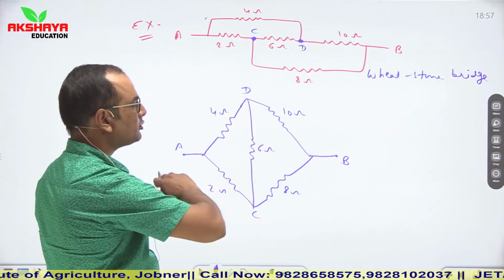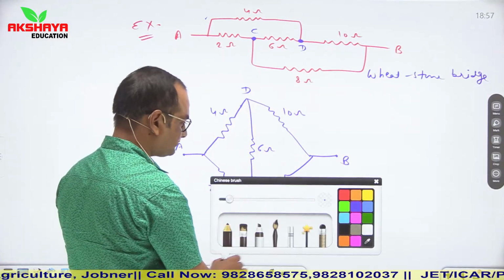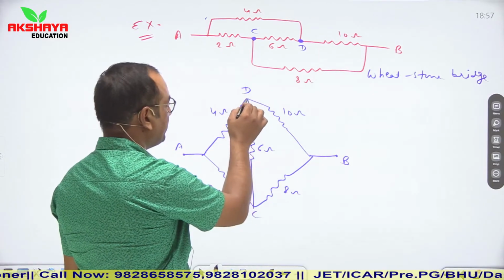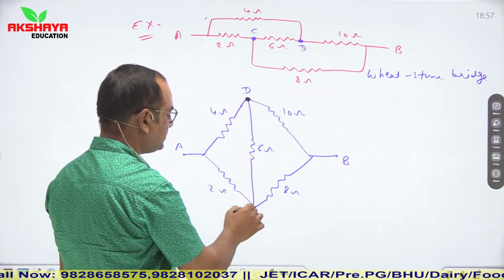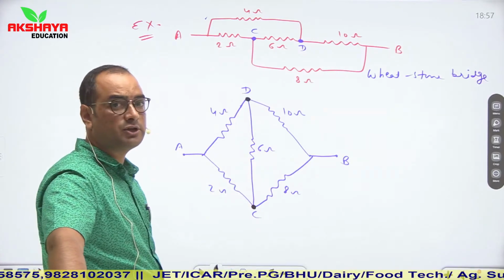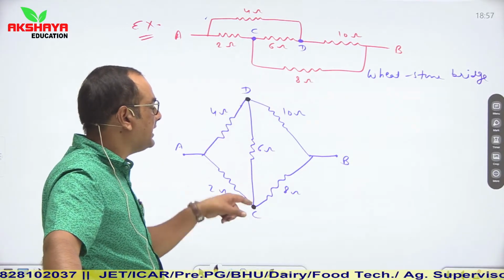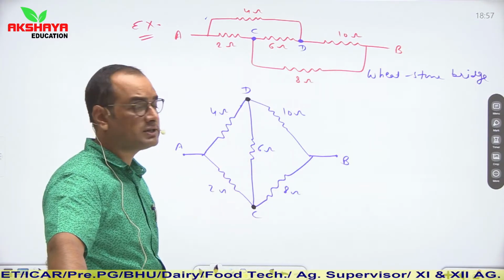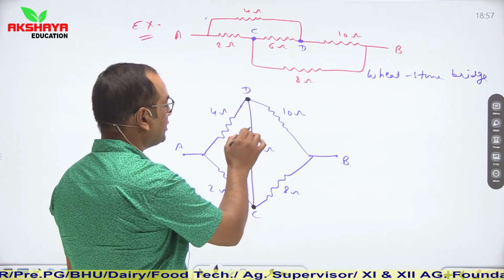So in case of Wheatstone bridge, in balancing condition, we consider that potential difference across this branch CD is equal to 0. So if potential difference is 0, it means these terminals D and C are at similar potential, hence no current is flowing through this resistor, so this resistance can be ignored.